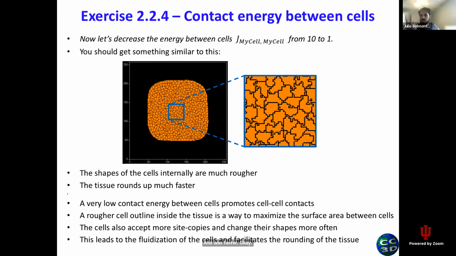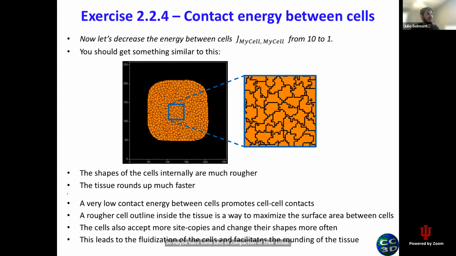But I think the most striking feature is that the cells inside the bulk now look very irregular, okay? And they're much rougher. Before, you expected that the cells would like to stick more to one another. So maybe you have some kind of compaction of the tissue, but maybe you did not expect that the cells will actually have this very irregular shape inside.